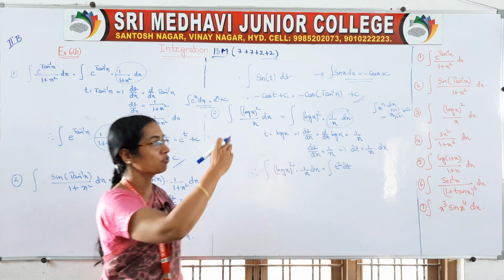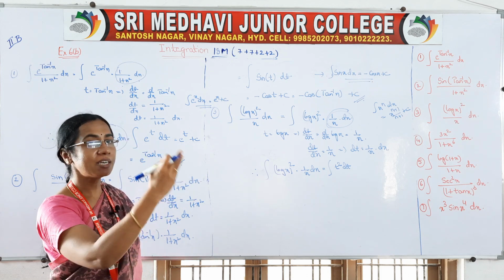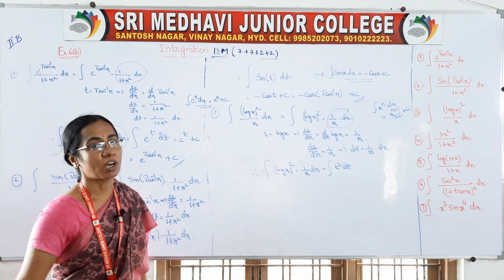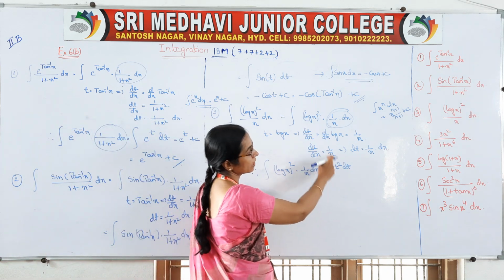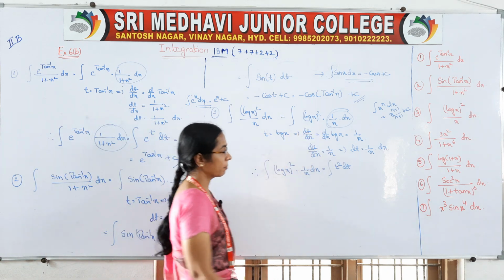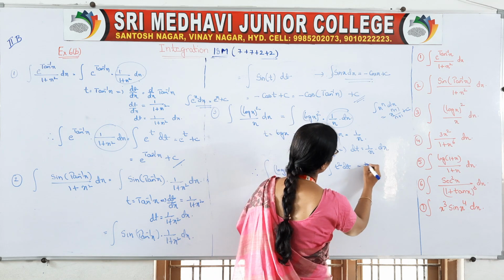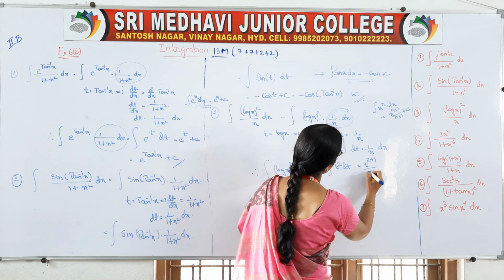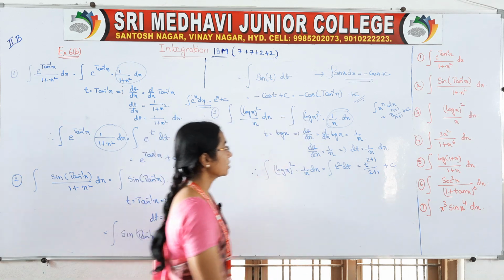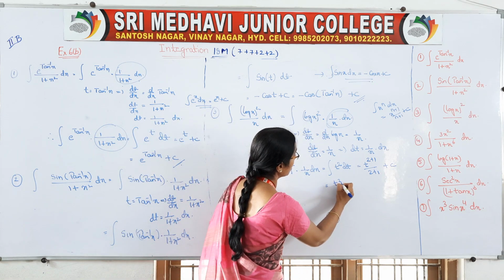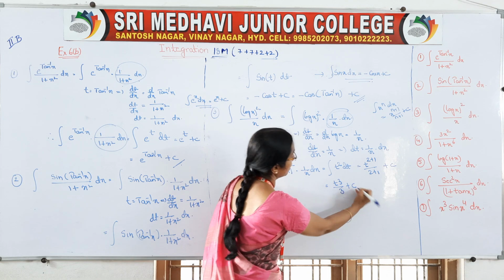It is x to the power of n plus 1 by n plus 1 plus c, the most repeated formula in our integrals. Whenever a power is there, we will consider that formula. So it is equal to t to the power of 2 plus 1 by 2 plus 1 plus c, which is t cube by 3 plus c.